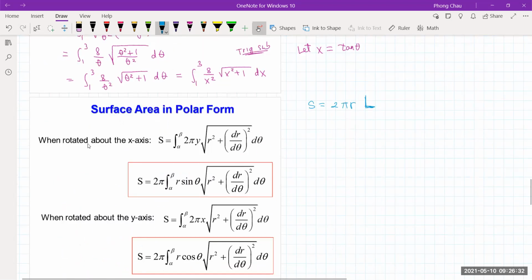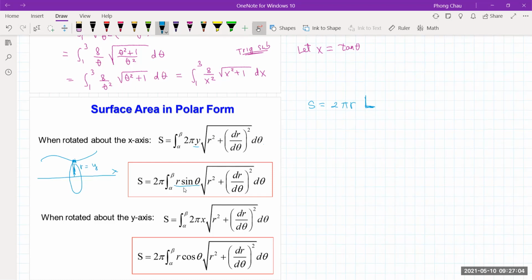So if we rotate about the x-axis, then notice that your radius here will be the y-coordinate of this point. And so that's why you have 2 pi y. Since it's in terms of theta, you're going to replace the y with r times sine, right? y is r times sine.